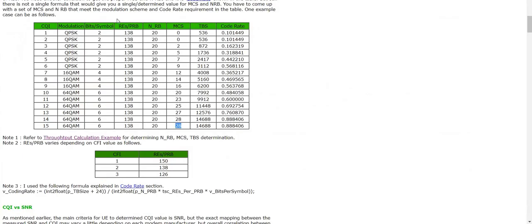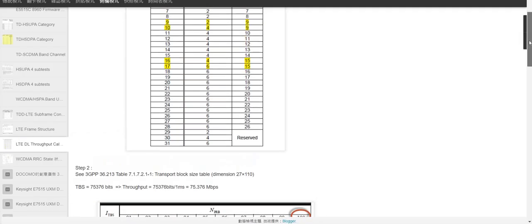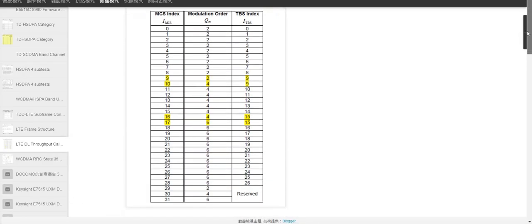So there is another table in spec. This is the table I am talking about. In our case, MCS allocated is 28. In that case, modulation order is 6, which means we have seen that with 64 QAM, 6 bits per symbol can be transmitted, and this index, transport block size index, will be 26.